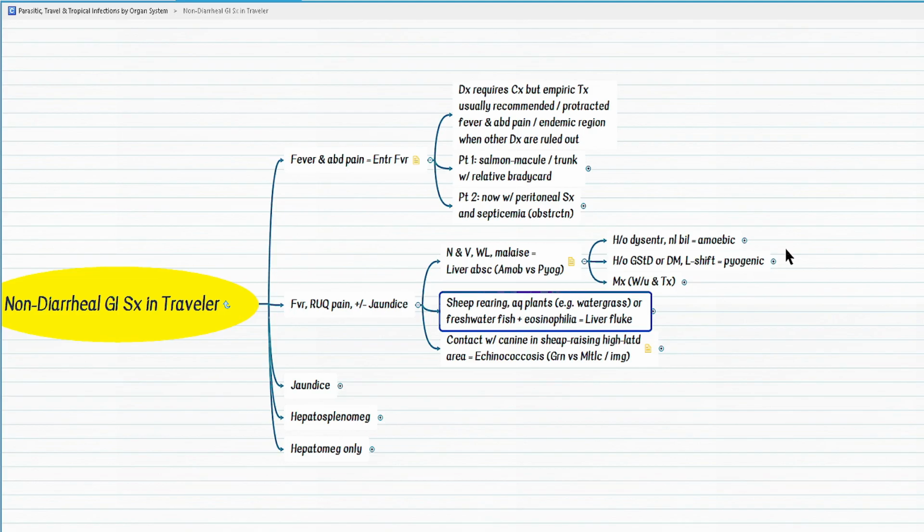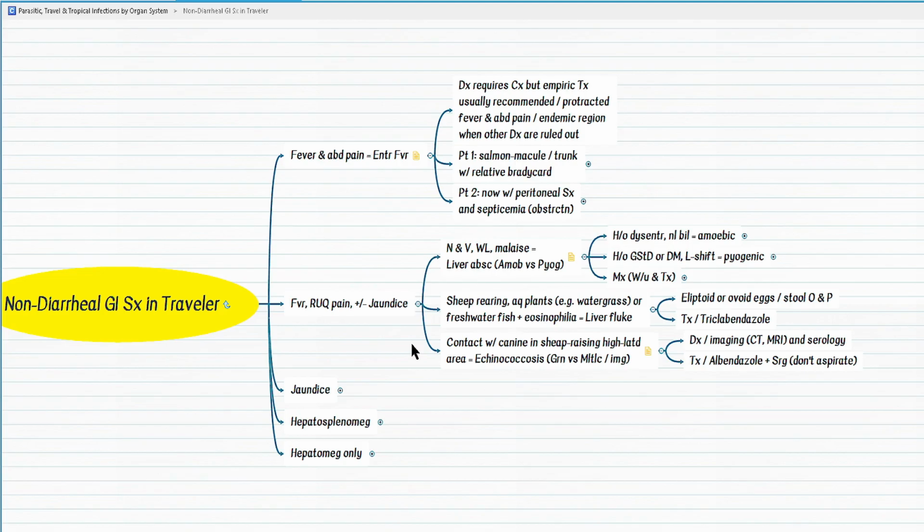How do we differentiate these 2? In a patient with liver fluke, we expect a history of aquatic plants consumption or freshwater fish consumption, as well as eosinophilia. Otherwise, and especially in patients residing in high latitude sheep raising areas, we suspect echinococcosis.